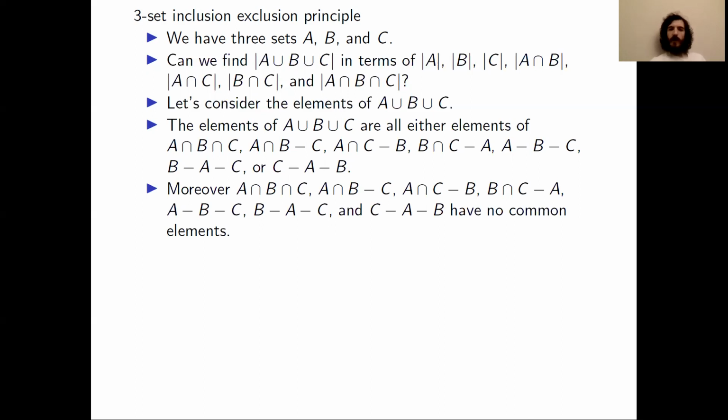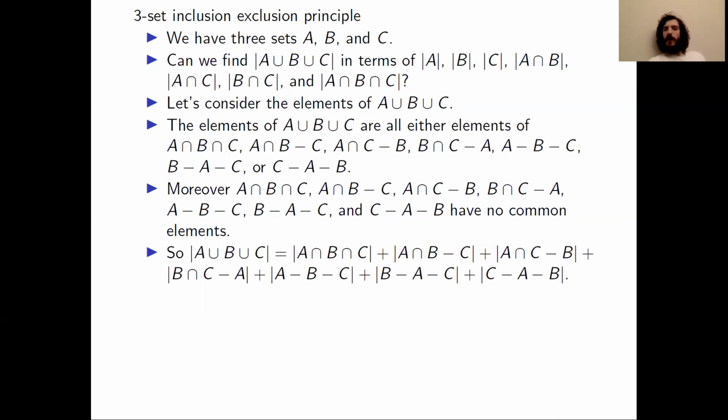Moreover, all of those sets that I just listed, A intersect B intersect C, A intersect B minus C, and so on, all of those sets have no common elements. So they are pairwise disjoint. So again, like we did in the two-set inclusion-exclusion principle, we have a union of disjoint sets.